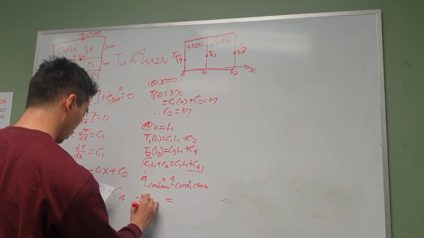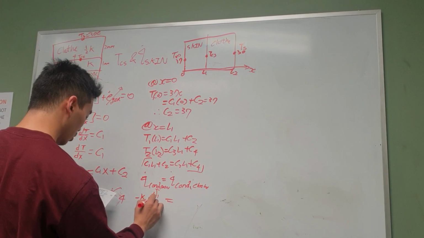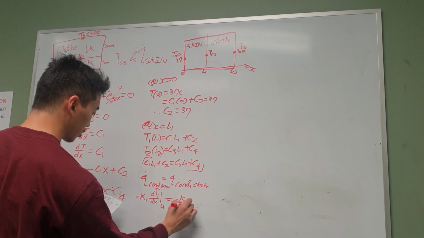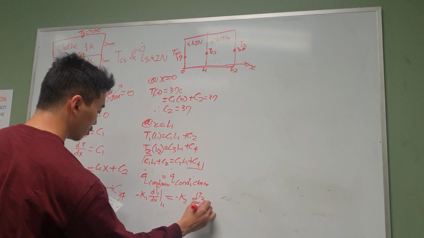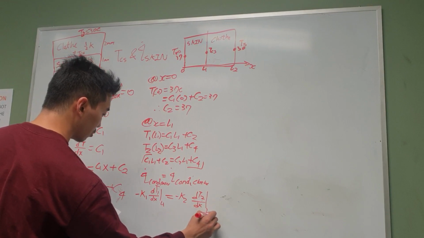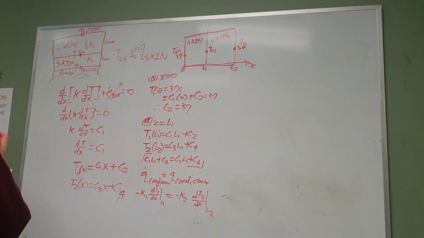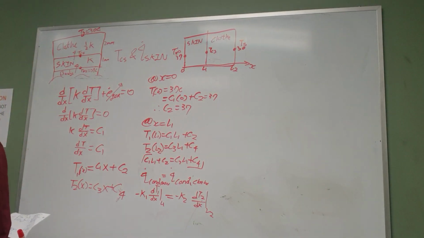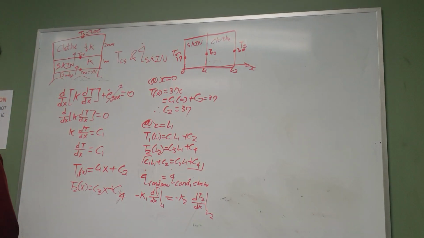We can represent it as negative K1 dT1/dx at L1 is equal to negative K2 dT2/dx at L1.